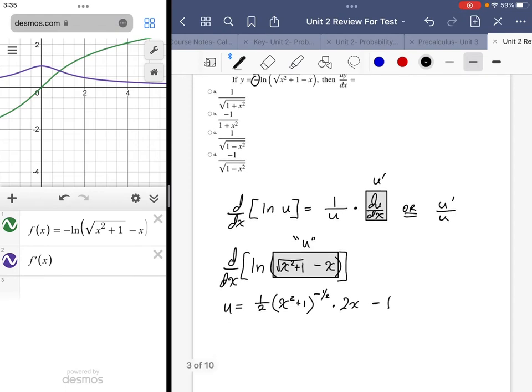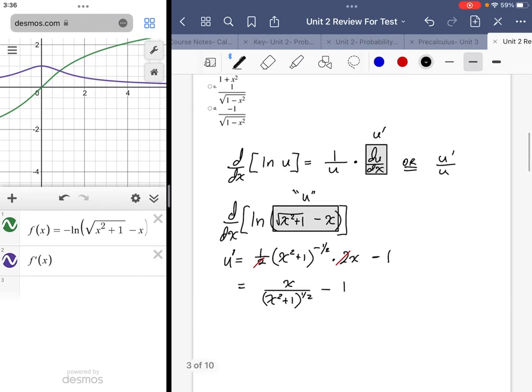All right, now I'm going to clean this up just a little bit, because it's already a pretty hideous mess. So I'm going to cancel the 2's, and this would become x over x squared plus 1 to the 1/2 minus 1. All right, so that's just the u prime. I'm sorry, I forgot the prime.